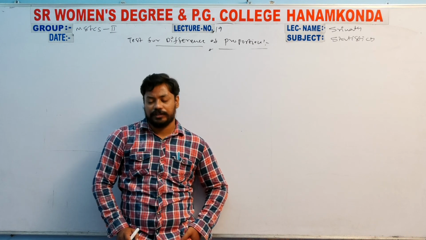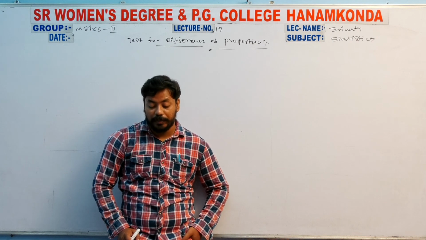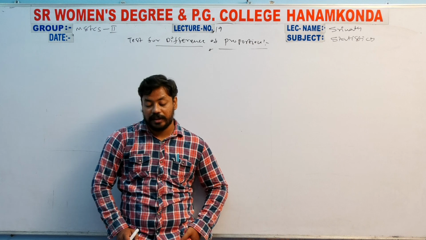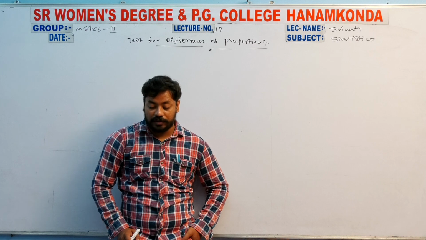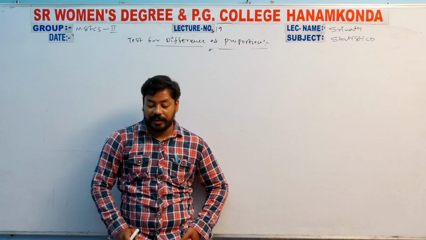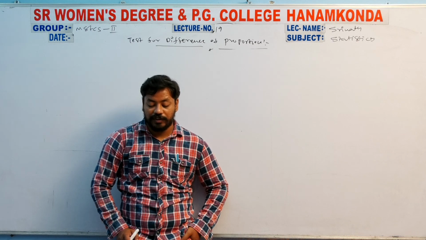Second question is, a random sample of 400 men and 600 women were asked whether they would like to have a flyover near their residence. 200 men and 225 women were in favor of the proposal.